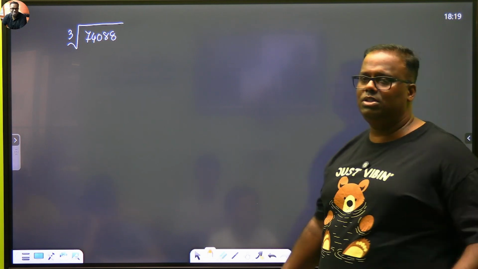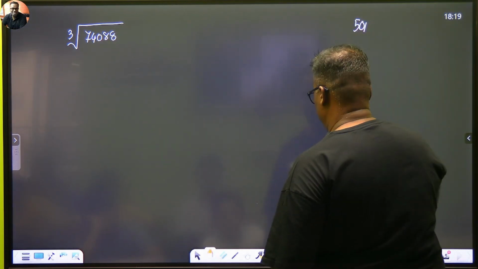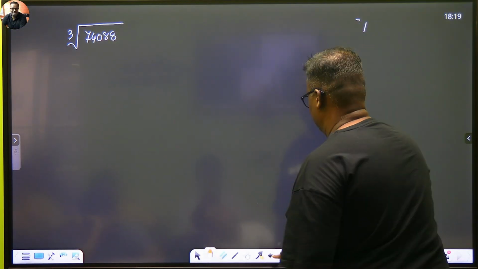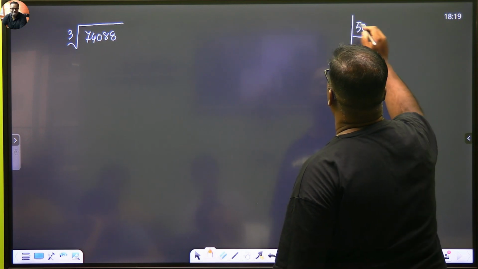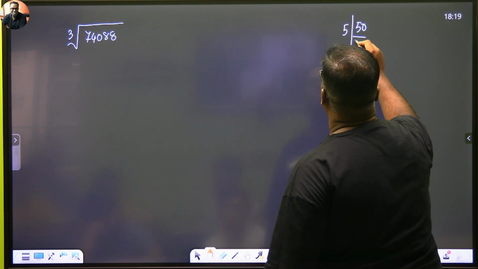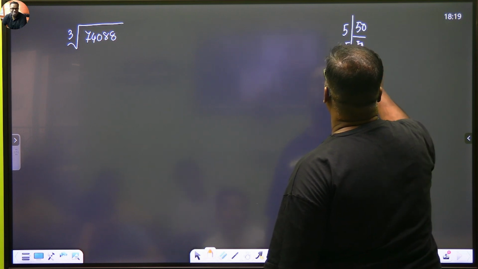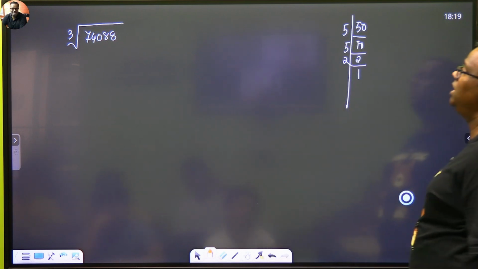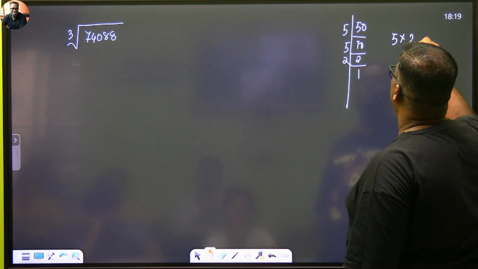So you do the prime factorization of 50. Let's see. What do you get? 5, 5, 10, then 5, 2, then 2, 1, 2. If you want to make it a perfect square, then a 5 is missing and a pair of 2s are missing, right?